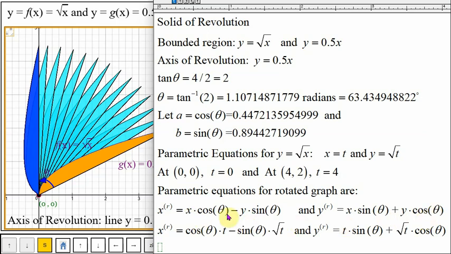Once again, the x and the y are points on the original graph, and the x rotated and y rotated are the corresponding points on the rotated graph. Here x is t and y is the square root of t, and therefore these are the parametric equations for this graph. Now that we have the parametric equations, we can rotate it about the y-axis and get the solid of revolution that we want.